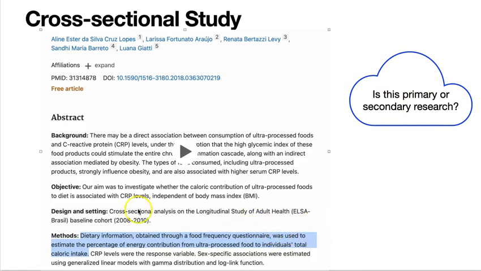And they're looking at a period of time from 2008 to 2010. So they're looking at this data set and they're looking at results from 2008 to 2010 to see if consumption of highly processed foods is related to an increased level of something that measures inflammation.